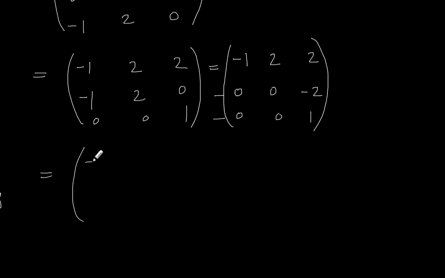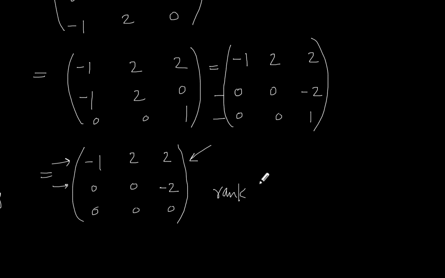You can rewrite this as minus 1, 2, 2; 0, 0, minus 2; 0, 0, 0. Now this matrix is in row echelon form, and we have two non-zero rows, which means the rank of A minus 2I is 2.